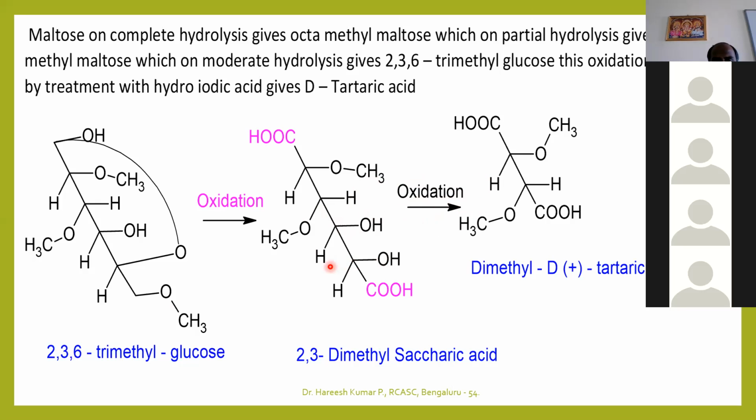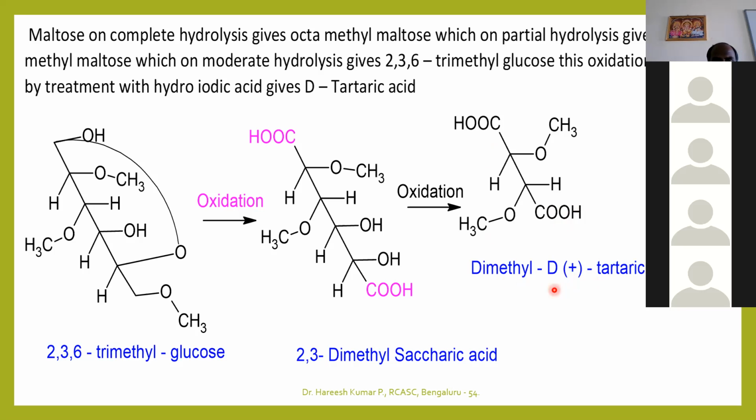There will be a reaction between these two, and this carbon atom gets converted into carboxylic acid. What you get is nothing but tartaric acid, but a methylated one. That is the reason it's called dimethyl D plus tartaric acid. This is how dimethyl D plus tartaric acid is obtained.